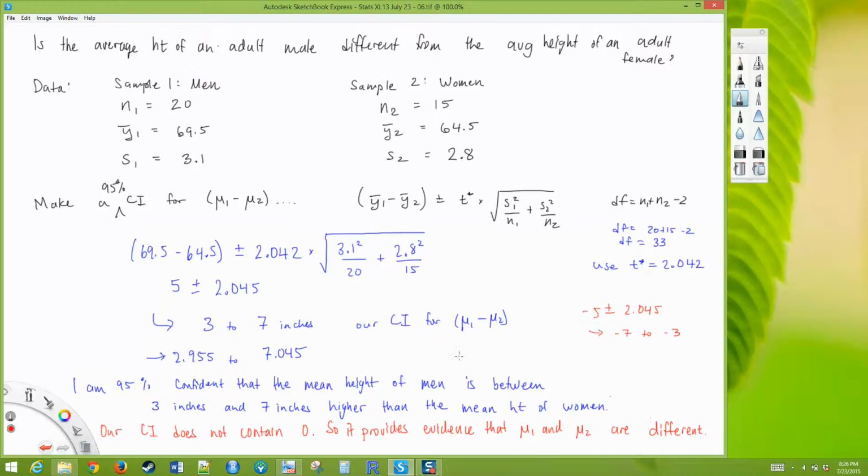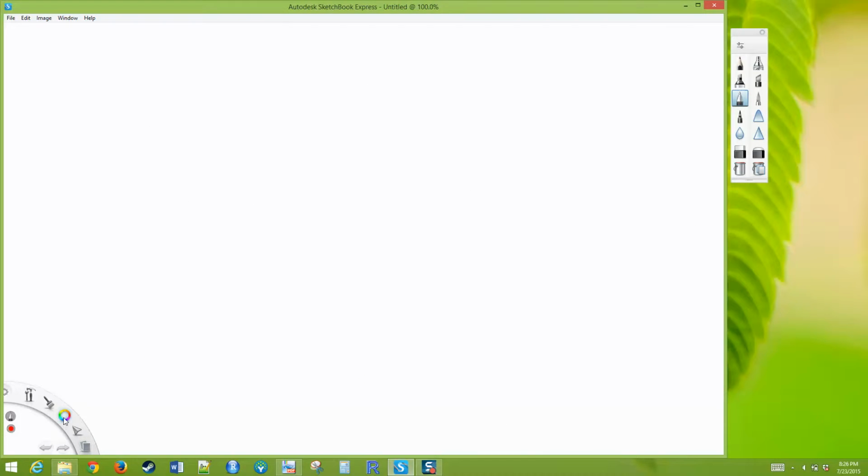In this situation, our confidence interval does not contain 0, so it provides evidence that they are different. On the other hand, let's say we make a confidence interval for mu1 minus mu2, and we took SAT scores. There actually might be a difference between men and women in SAT math scores. I don't know why. Maybe on the verbal side it's not a very clear difference.